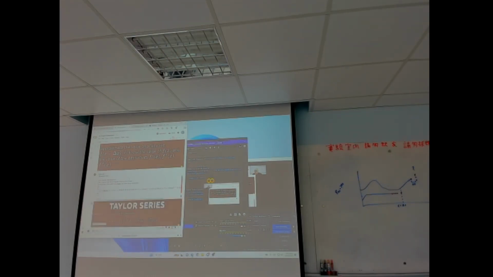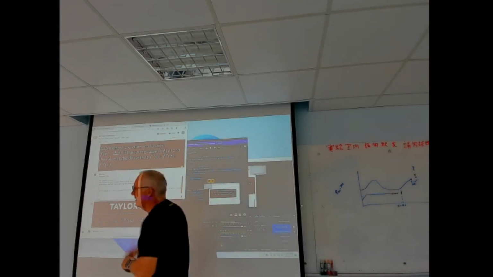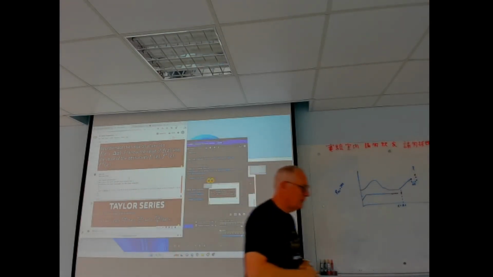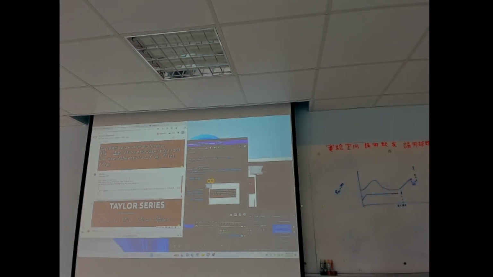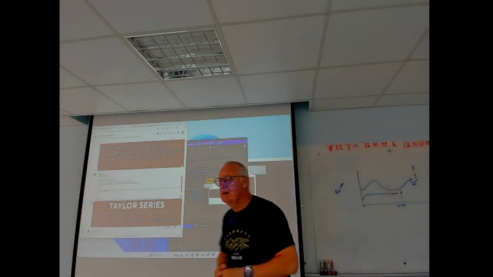And he developed the infinite sum that converges to the true value of the function. This is actually correct, assuming that your function is infinitely differentiable, you can calculate all the derivatives, and that it's continuous, which I guess is implied by the differentiable constraint.